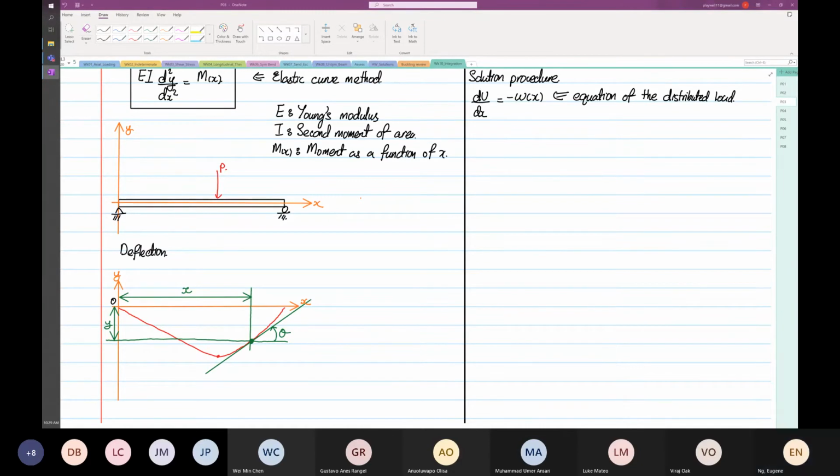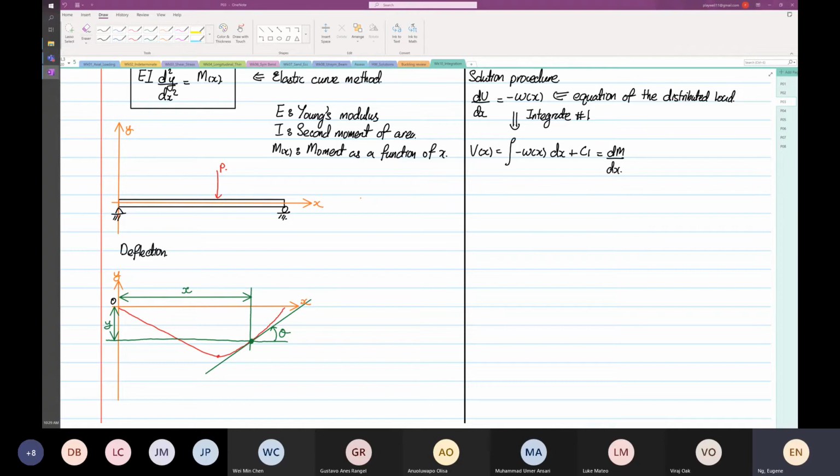After that, we integrate one time. When we integrate, we have V as a function of x, the integral of minus omega as a function of x dx, plus c1. And we know this is also equal to dM by dx.